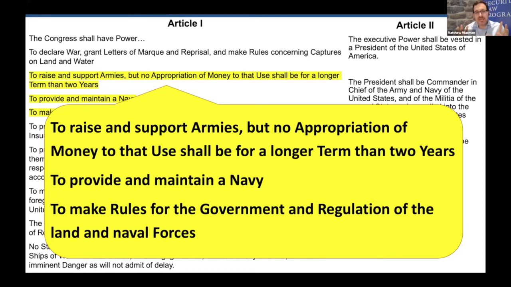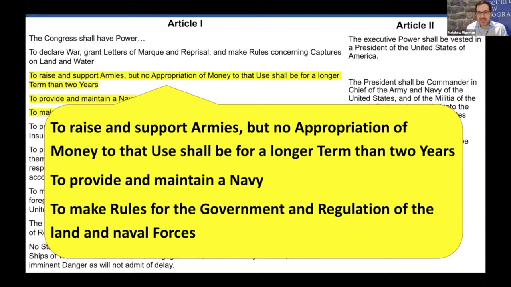Now, interestingly, armies also require some big capital projects like fortifications. And the reason I mention that is that over time, through a series of attorney general opinions, the Army Clause's 2-year limitation has been interpreted narrowly, essentially just to apply to troops.